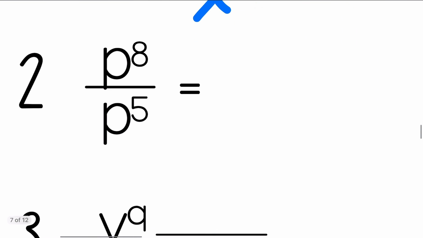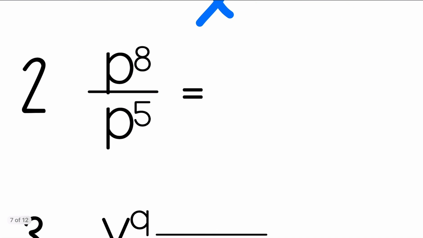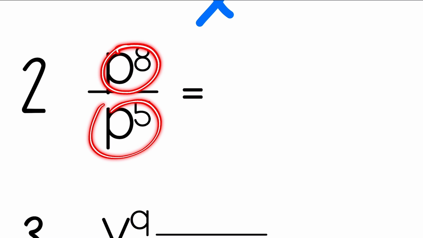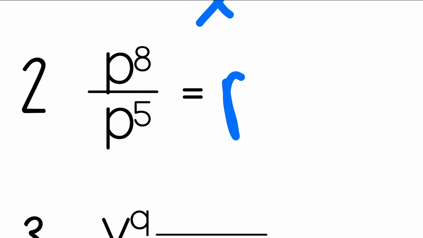So let's go down to number 2. We have p to the 8th over p to the 5th. All right, well, I know we're going to take our base. We want our first or top exponent minus our bottom exponent.